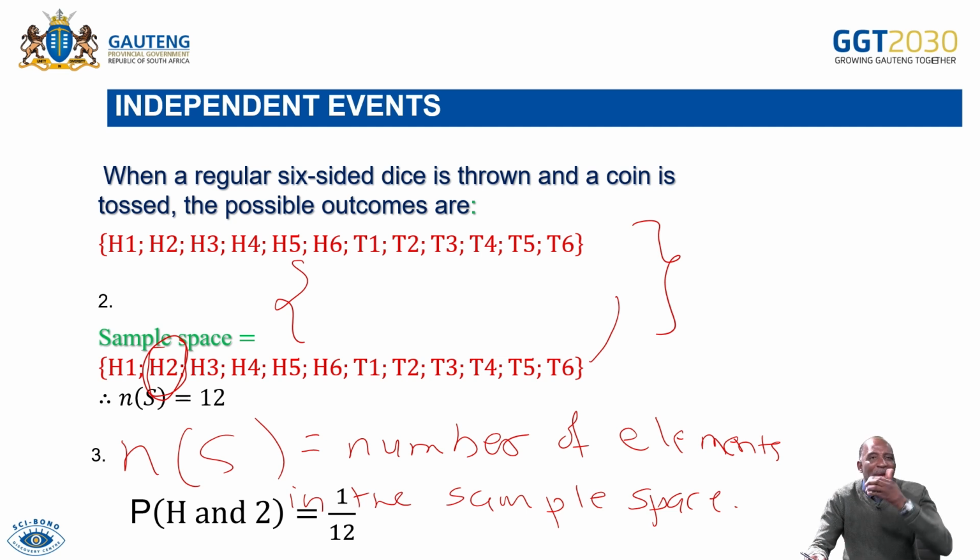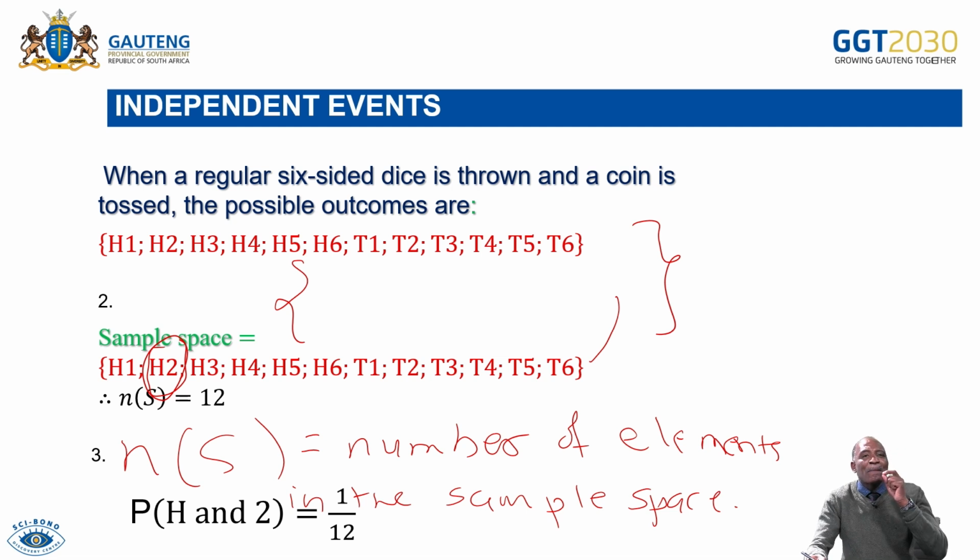So I will go back to my outcome table because that is my table of results. I already have the outcomes. I'll just look for where I see a head and a 2, and I'm seeing it only once. A head and a 2 appears once in 12 possible outcomes.